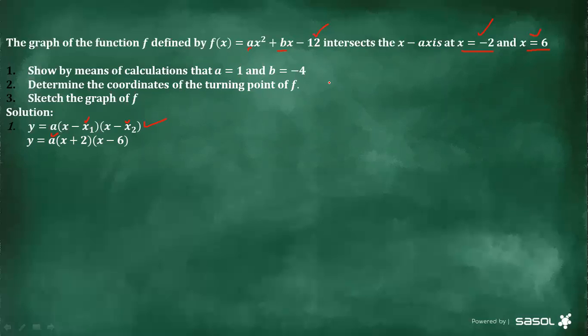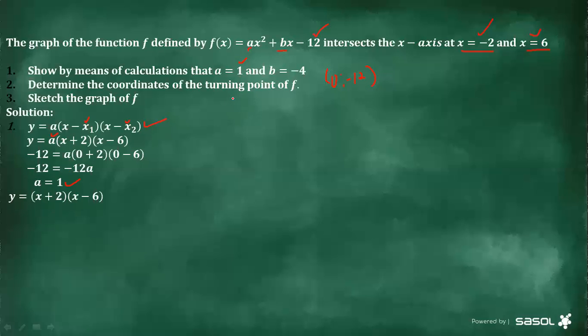There's a point which is the y-intercept, where we have (0; −12). That is the y-intercept. Then we're going to use this point for x and y so that we can determine a. Let's substitute y = −12 and x = 0. Then you simplify it, and then you divide by −12, then a is equal to 1. Then we have determined the value of a.